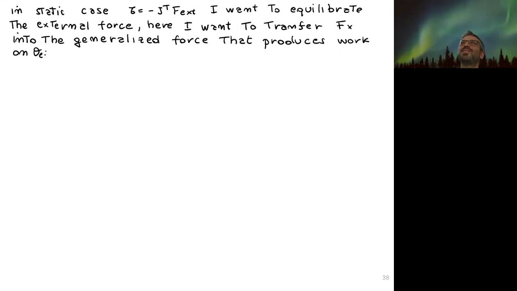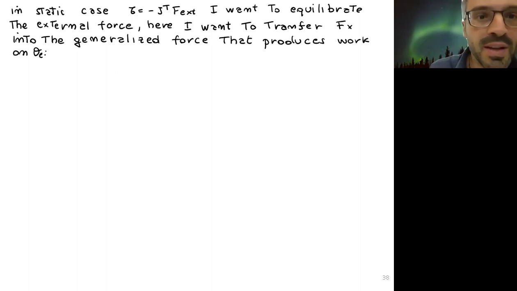That's why in statics we had the opposite sign: acceleration times inertia equals tau plus J transpose Fx. Since acceleration is 0 in statics, we have no motion, we put tau on the other side and add the minus sign. But usually we see tau and J transpose Fx with the same sign on the right hand side.